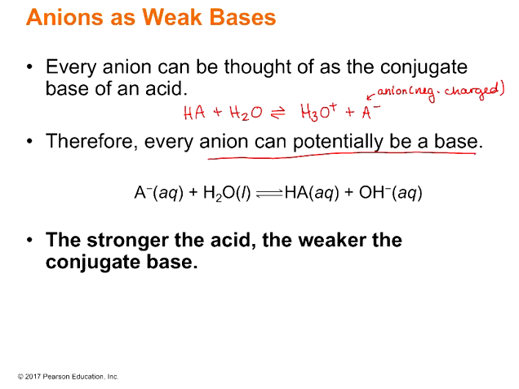So down below we have essentially the reverse reaction where the A- is reacting with water to produce a conjugate acid and a base. So we've got our base, our acid, our conjugate acid, and then the conjugate base.